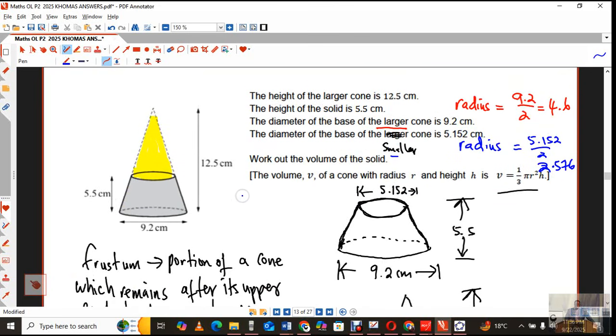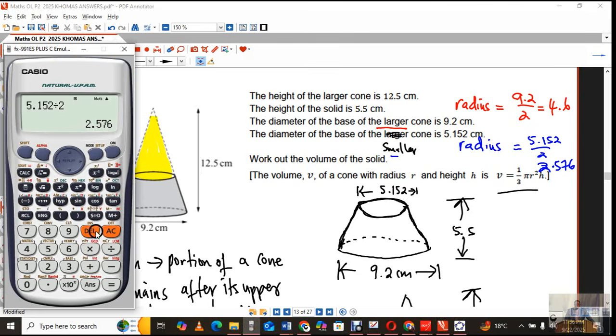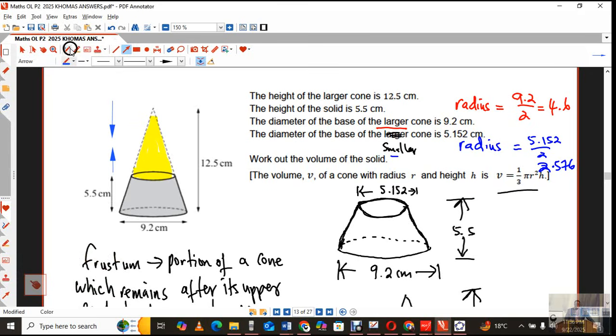Right, here's the important part. What is the height of the small one going to be? Well, the height of the small one from here to there will be 12.5 minus 5.5, which is 7. So this height is 7 centimeters. That's the height of the yellow one. Clear?